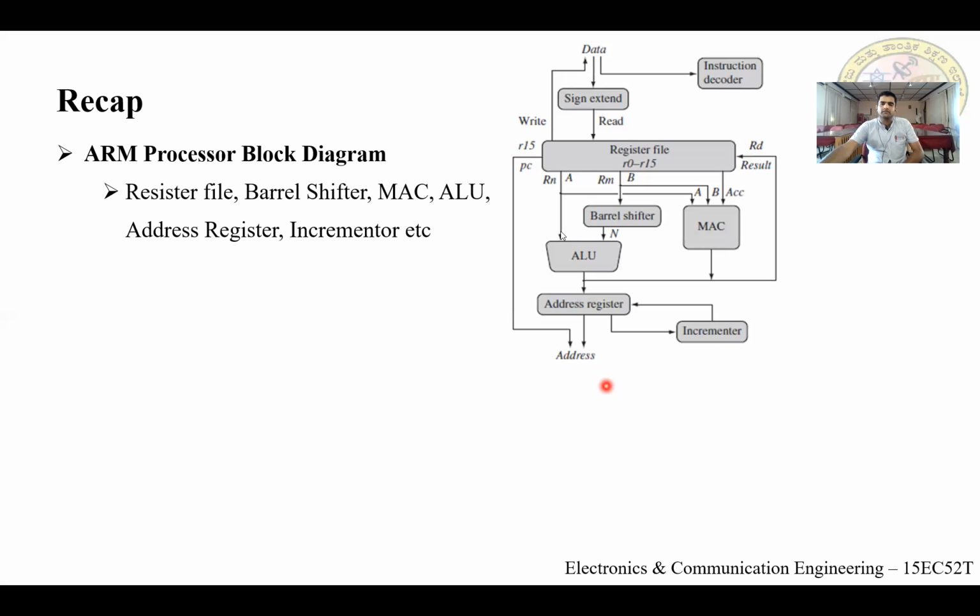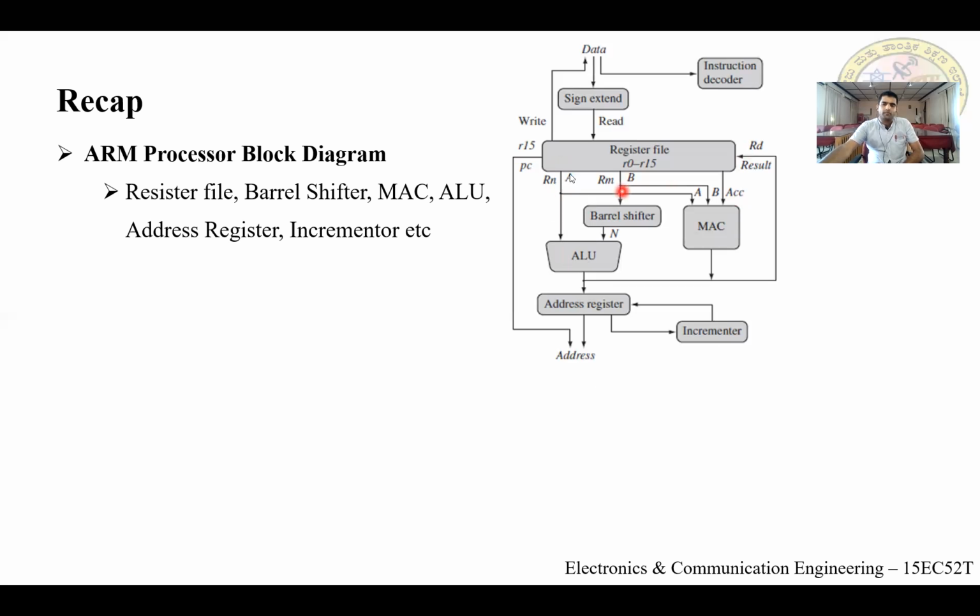We discussed the block diagram one by one and saw how data flows from one block to another. The arrow marks show data transfer between blocks. The ALU has two inputs, shown as the A bus and the B bus.